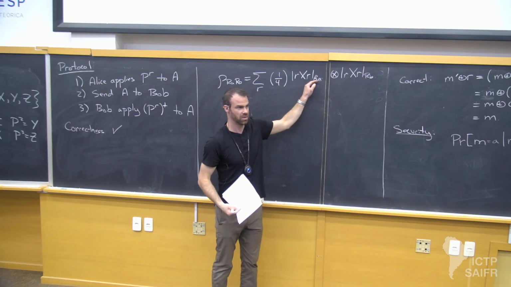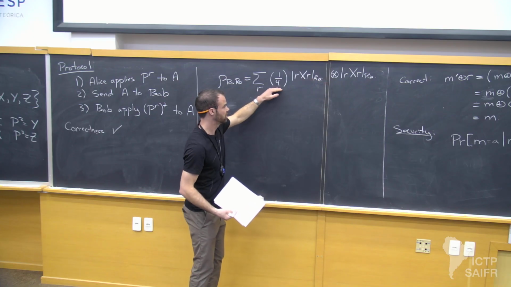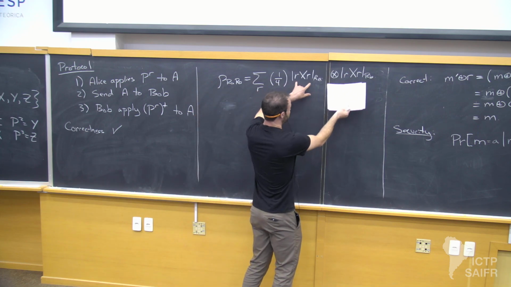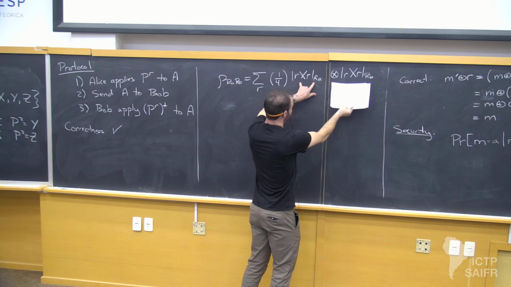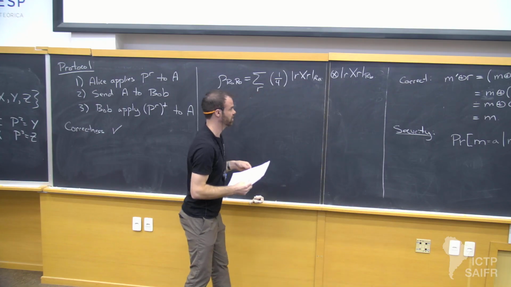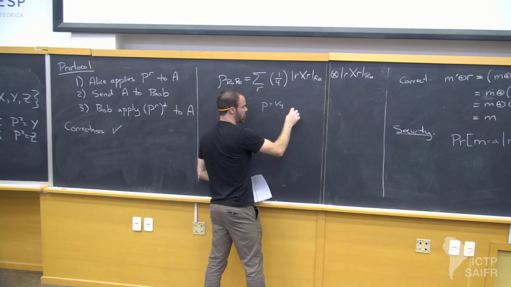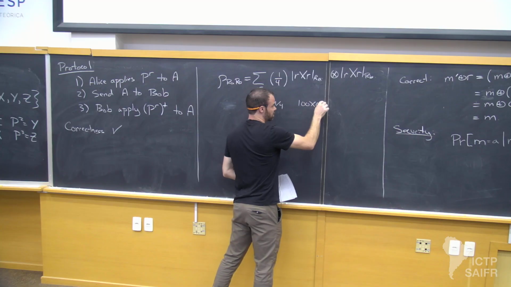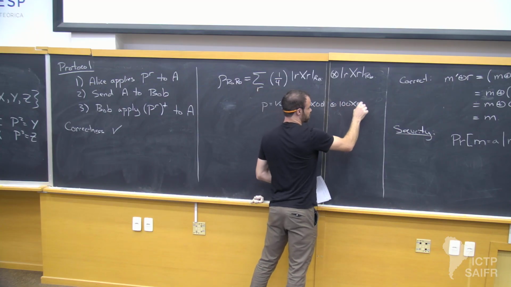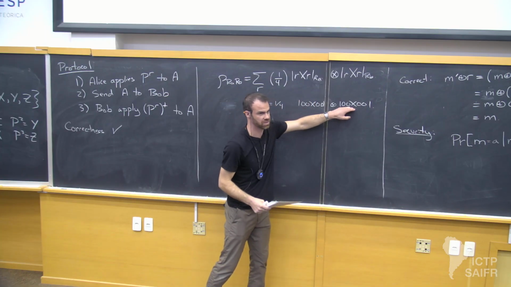So you should read this as saying that with probability 1/4, this state, RA and RB, is in the state R and R. So it's saying with probability 1/4, we had 0, 0, 0, 0 tensor 0, 0, 0, 0, meaning that Alice holds the string 0, 0, Bob holds the string 0, 0.